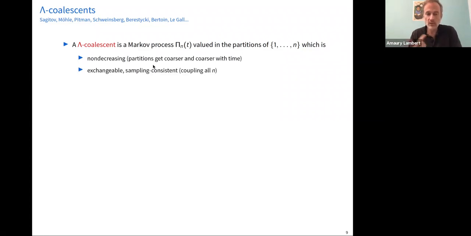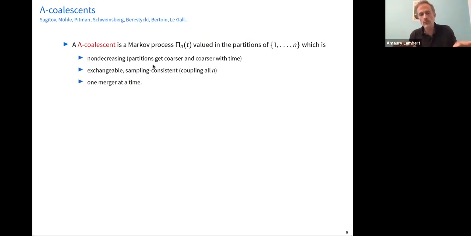It's assumed to be exchangeable, simply consistent, meaning that if you look at pi n plus 1 of t, and you restrict this partition to the first n integers, that is, you remove n plus 1, you're left with a partition which has the same distribution as pi n. And it is assumed that there is only one merger at a time.